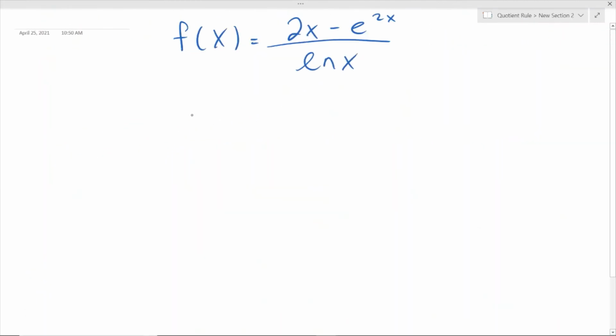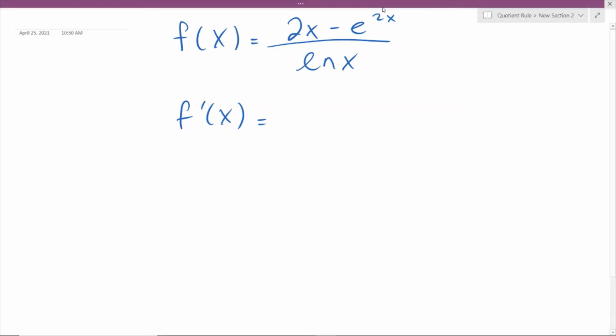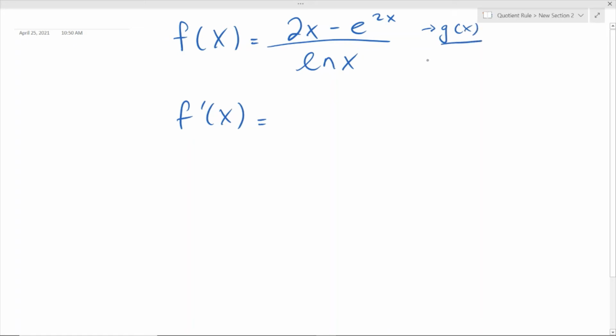So now say we have to find a derivative of this function, f of x. Okay, we have to apply the quotient rule here because we have a dividing line here. So this part is going to be our g of x, numerator is g of x, and then denominator is going to be our h of x.